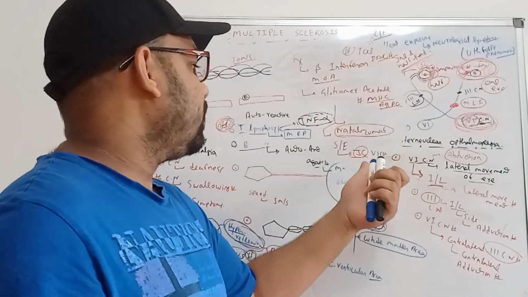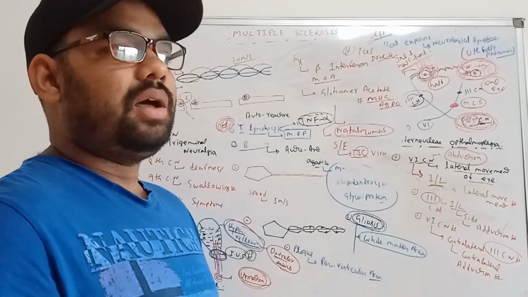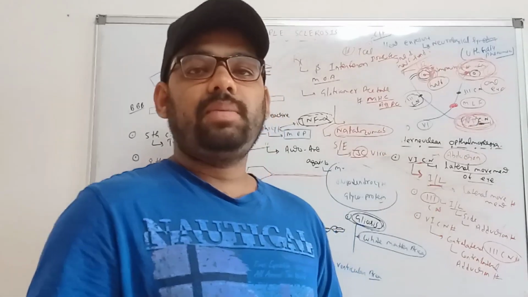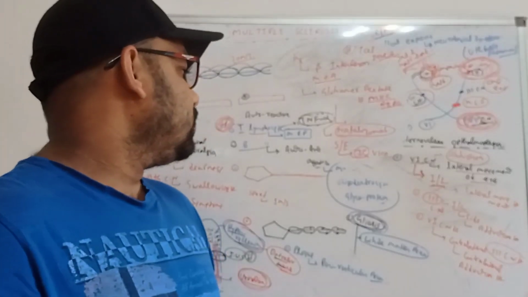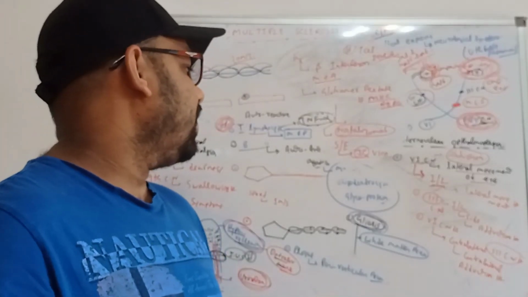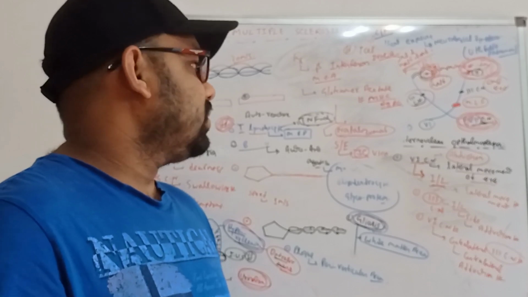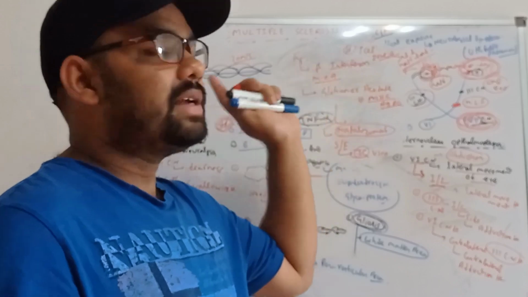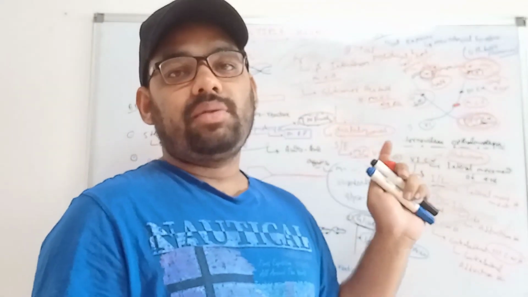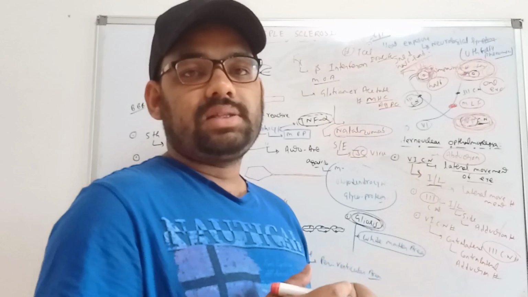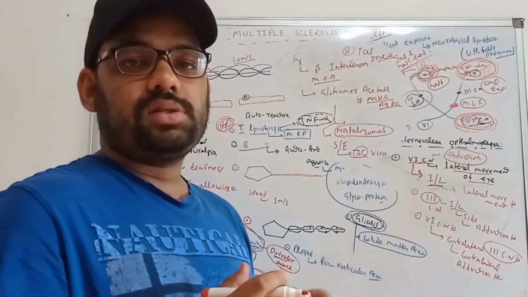Natalizumab is one of the best drugs used in multiple sclerosis, but the problem is that it can increase the risk of infection of John Cunningham virus. So the first line drug, beta interferon, will not let the T cells go to the endothelial cells, and will also inhibit the proliferation of the T cells.